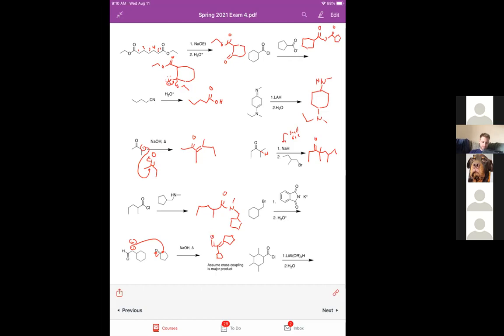All right. Amine formation, so the amine is just going to replace that Br.